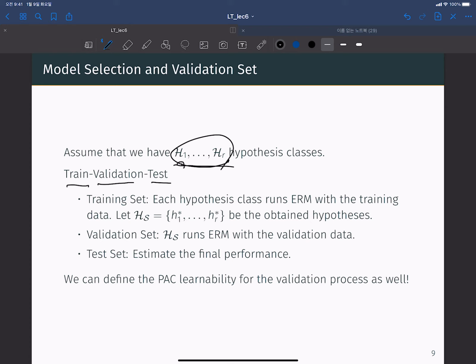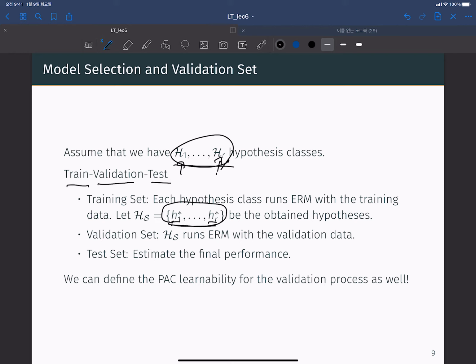Then for each hypothesis class from H1 to HR, we can find one single best hypothesis that has the smallest training error. But we don't know which hypothesis class is the best among our different hypothesis classes, so we cannot say which one is the best.